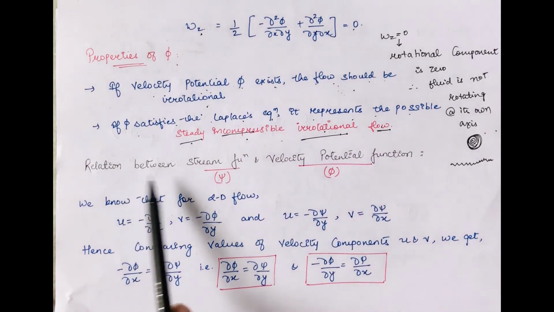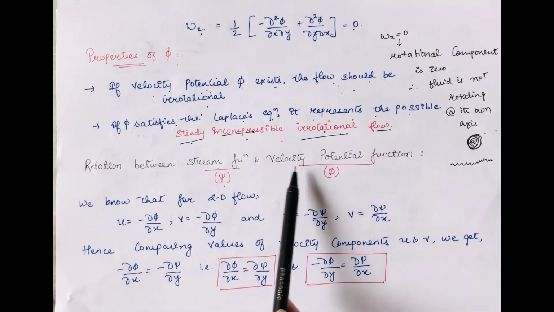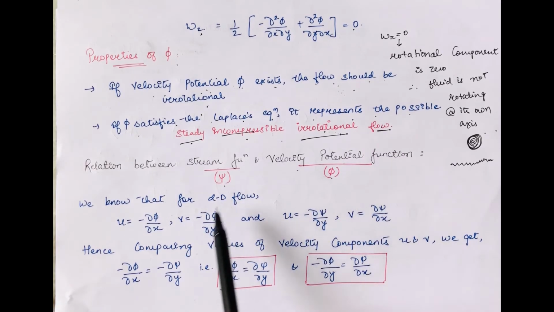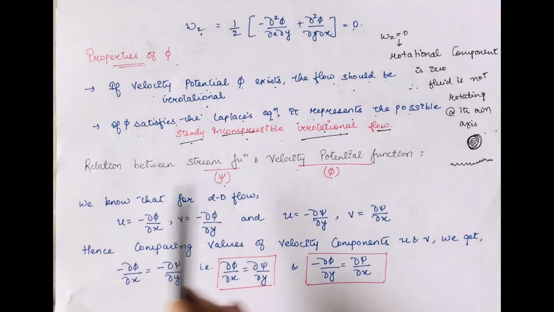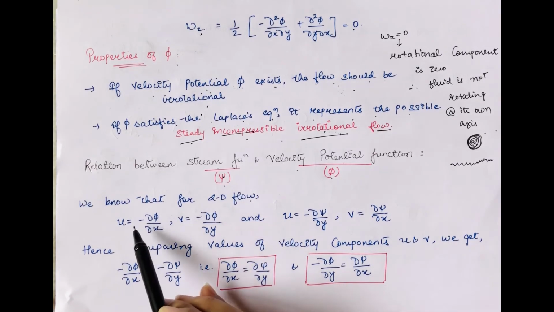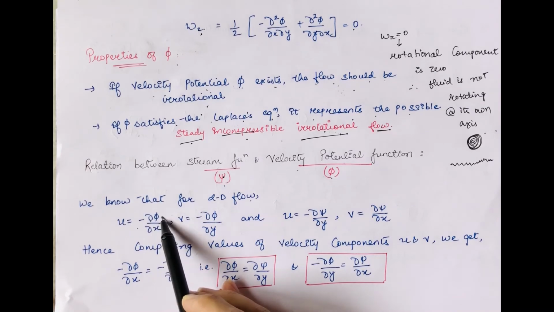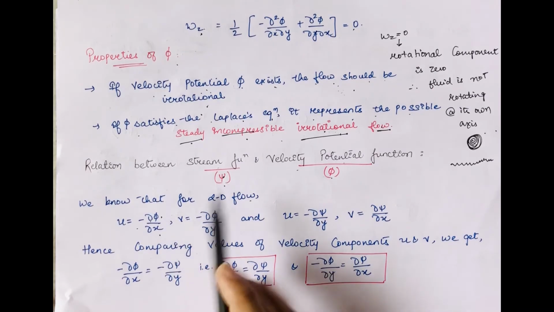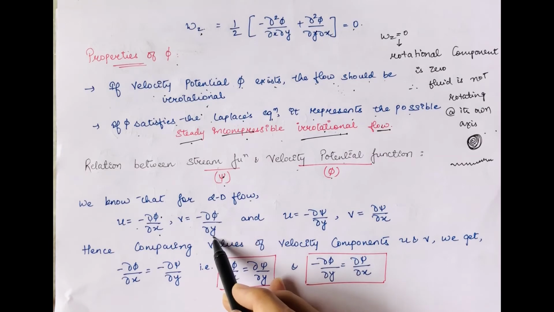And now the relation between stream function psi and velocity potential phi is given as follows. We know that for a 2-dimensional flow, which is applicable to stream function, u is equal to minus del phi by del x, v is equal to minus del phi by del y.